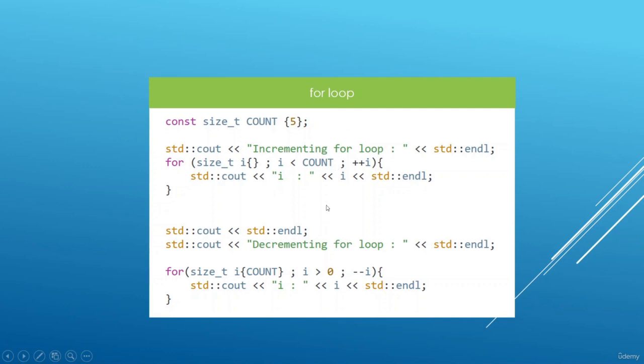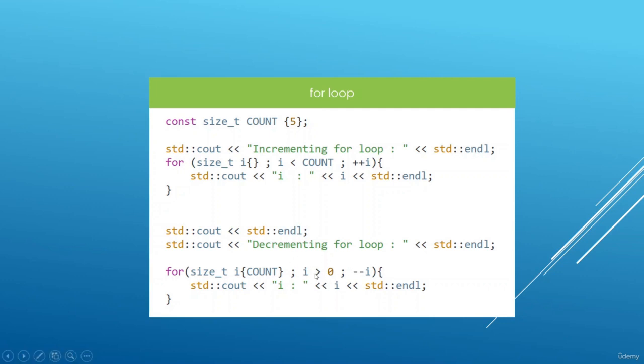If we go down here, we're going to do a version that is going to decrement, and it is not going to start from 0. It's going to start from count, so it's going to start from 5, and the test is going to be to test if I is greater than 0.